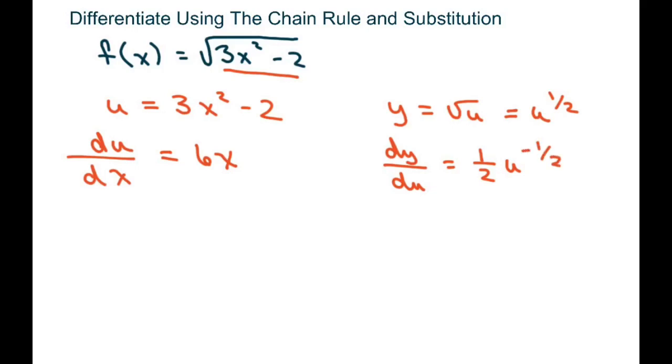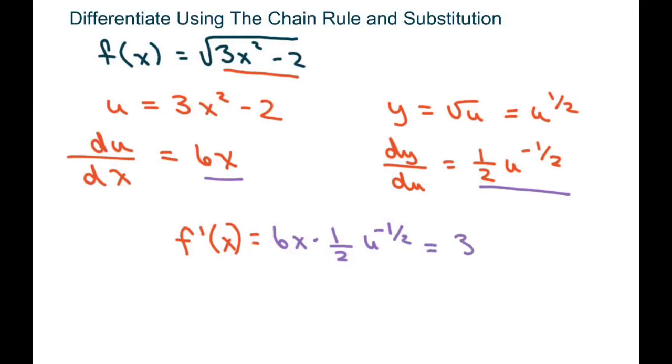Okay, so the way you're going to do this is you're going to take your derivative of f, and what you're going to do is just multiply these two. So you get 6x times 1/2 u to the negative 1/2. Simplifying this, I get 3x u to the negative 1/2.